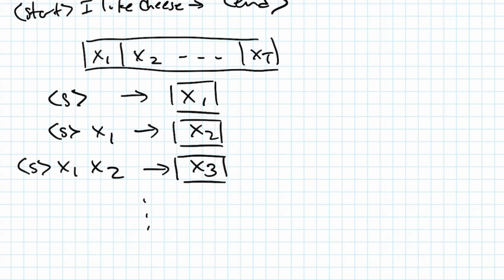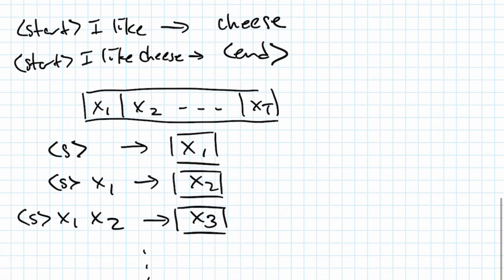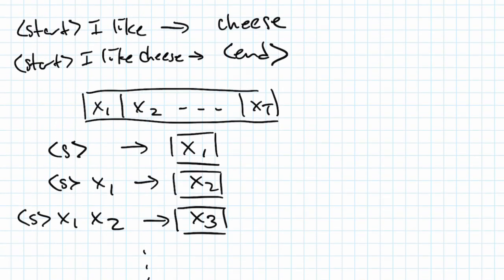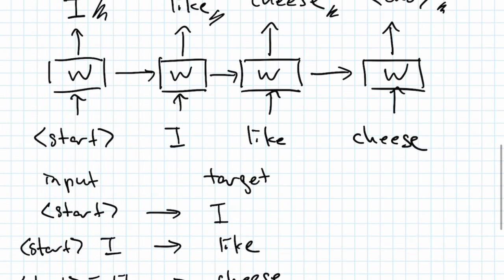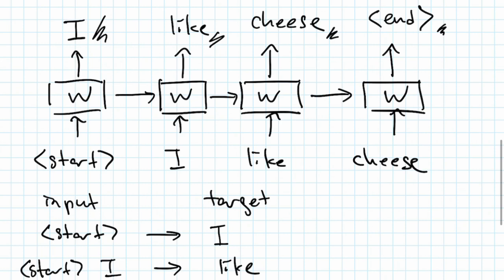So you can see that with this method, for a sentence of length t, we actually have to make t plus 1 input samples, which will take up a lot of space and a lot of extra time. Versus if we use the many-to-many method, that one sentence only has to go through the model one time.